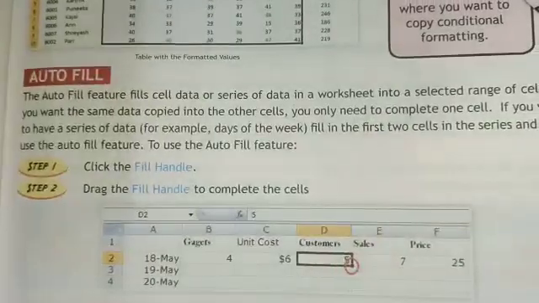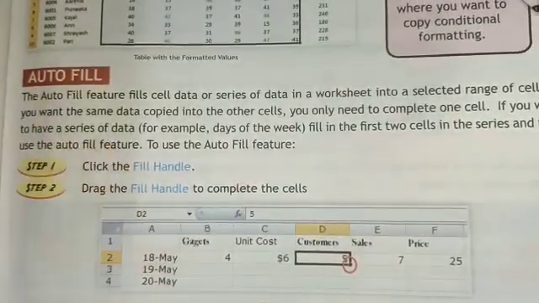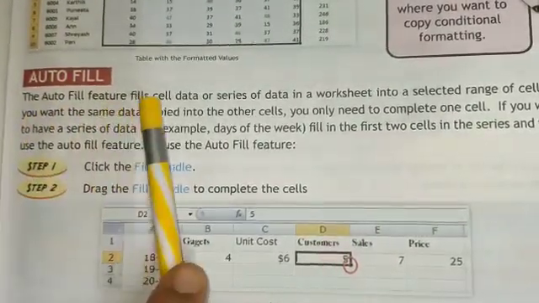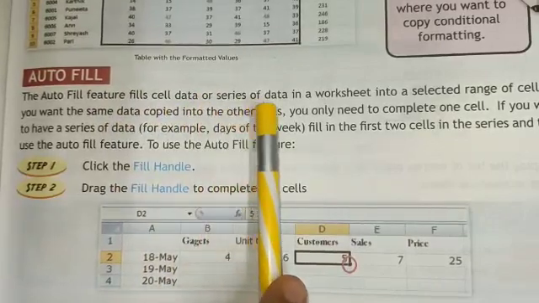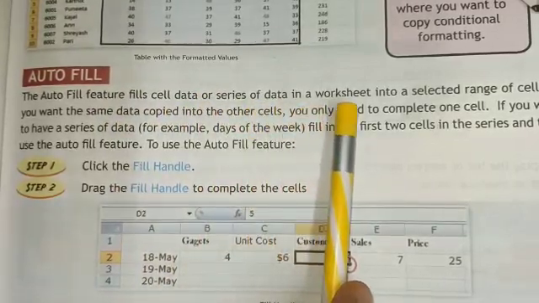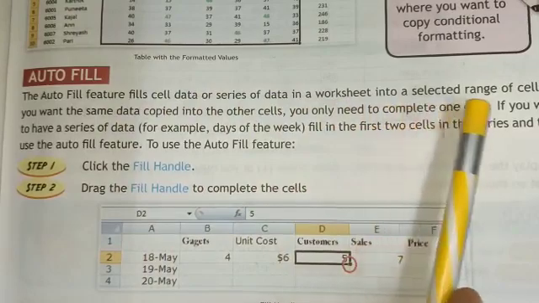Okay. Next, autofill. The autofill feature fills cell data or a series of data in a worksheet into a selected range of cells.